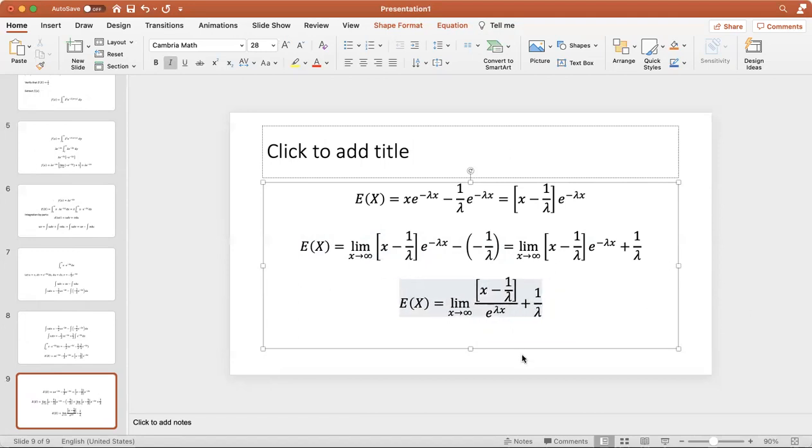By inspection, since this is in the indeterminate form, you can use L'Hopital's rule. We'll just have to use it once.